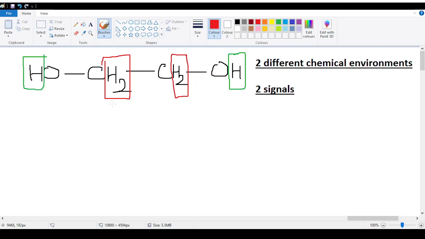Okay, so let's consider these two hydrogens first. Consider any one of them, let's choose only one of them. Let's choose this hydrogen over here. They're joined to this carbon, right?